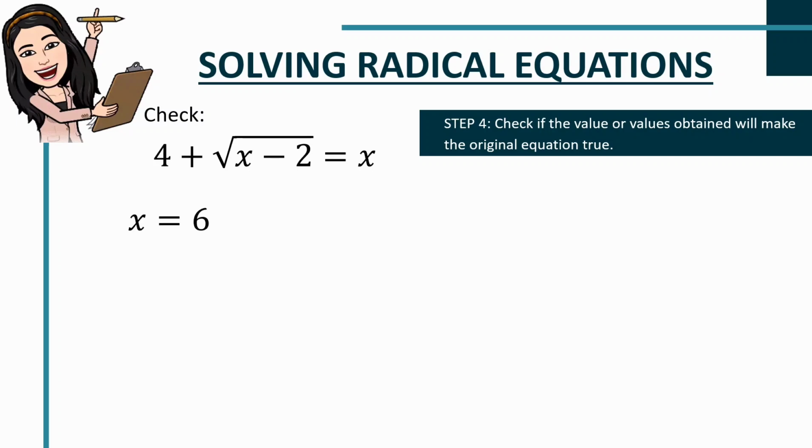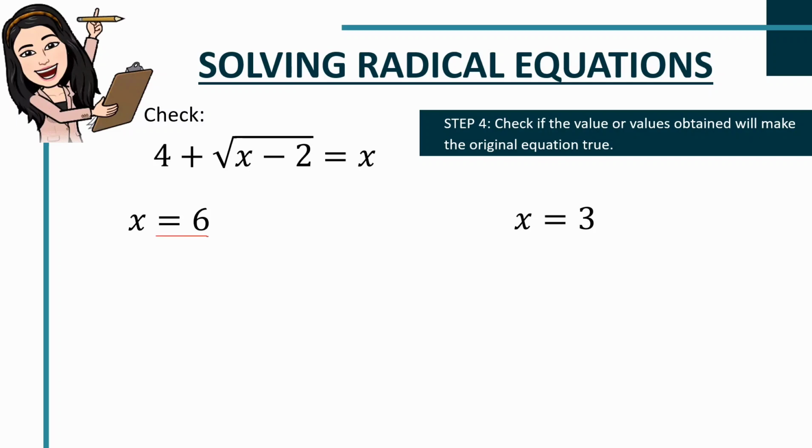So, para ma-check natin, anuhin natin yung dalawang variables na nakuha natin. We arrive on x is equal to 6 at ang isa ay x is equal to 3. Isa-isahin natin. Parehas ba na yung solutions na yan ay true solution ng ating radical equations? Okay, let us find out. So, how? By substituting the values, each value to the original equation.